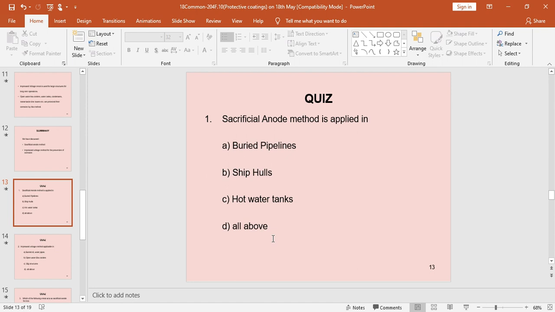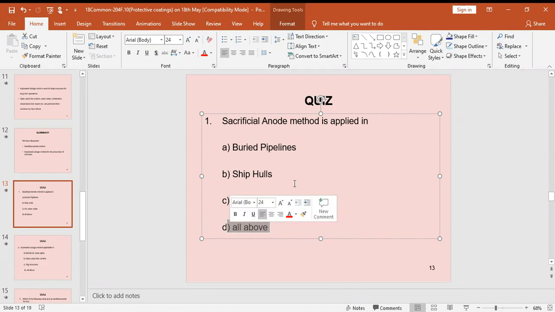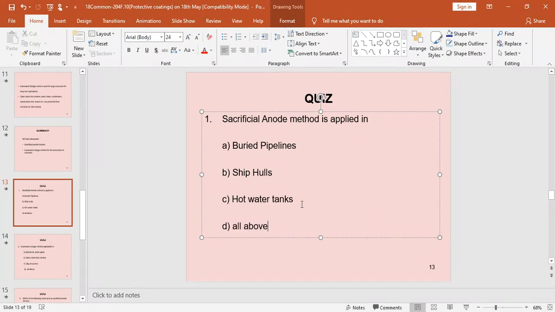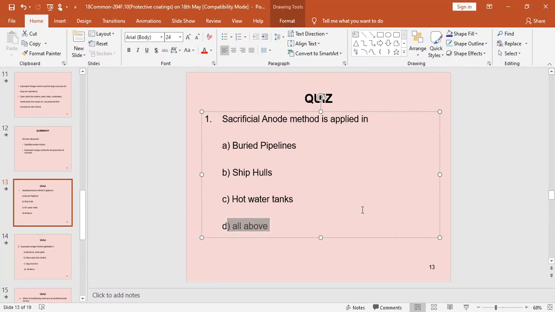The sacrificial anode method is applied for buried pipelines, cephals, and also hot water tanks. So all the above is the correct answer.